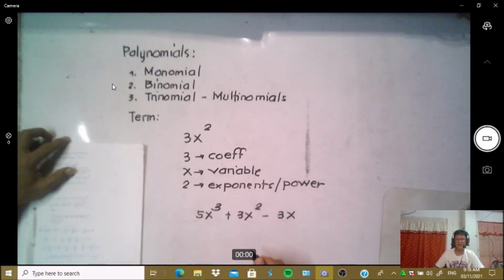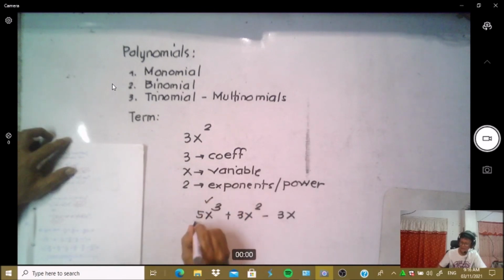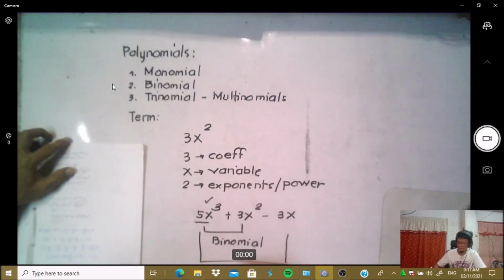So this is now actually a polynomial and this is actually a trinomial. Now, when only one term is involved, this is a monomial. When two are involved, so there are two terms and that is binomial. And when we have three terms, that is trinomial.